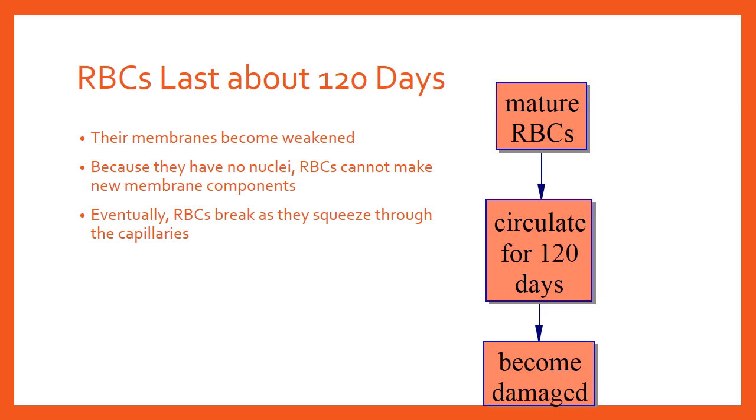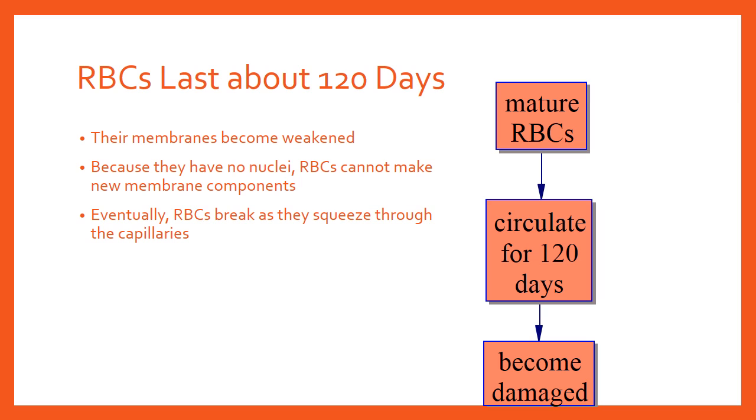Red blood cells will last about 4 months, or some say 3 to 4 months, because it's not like 120 days pass and the red blood cell checks out. The reason they are not staying forever is that their membranes become weak because they are squeezed between the tissues through very thin, narrow capillaries.